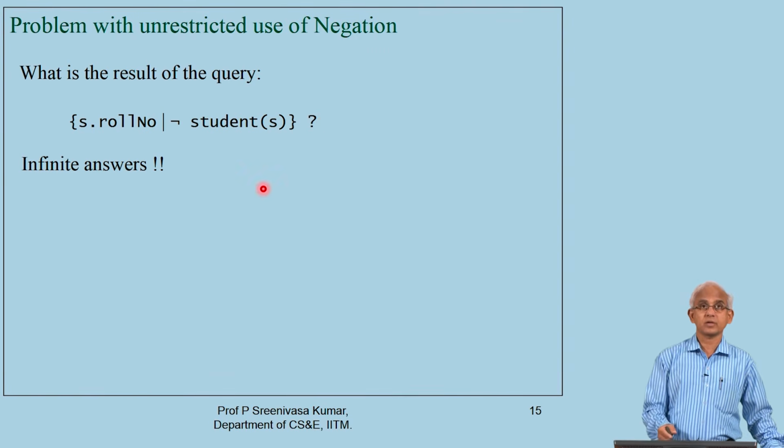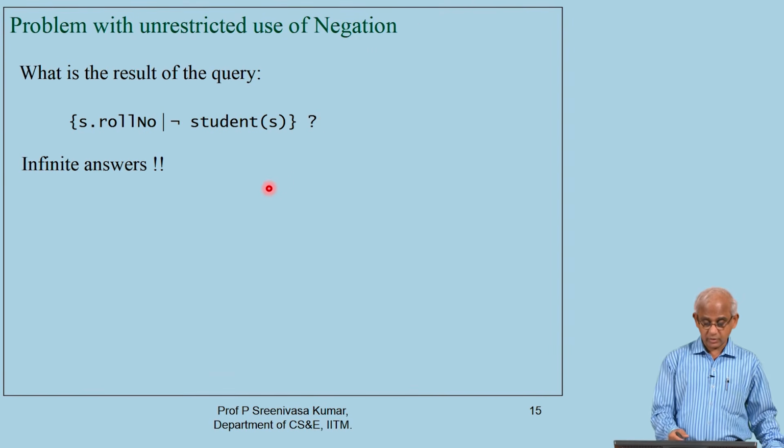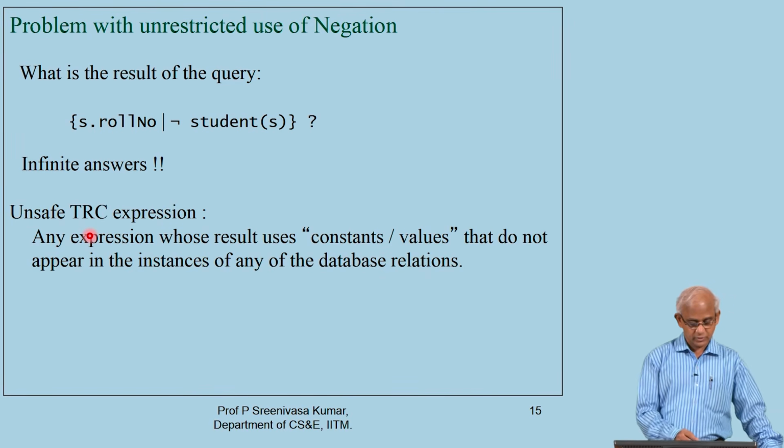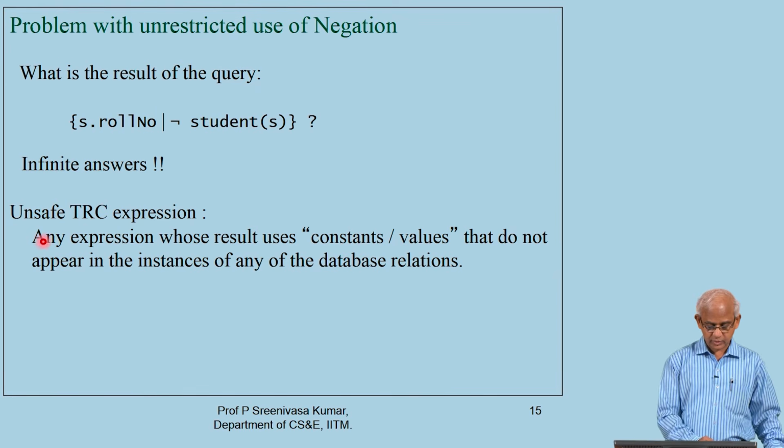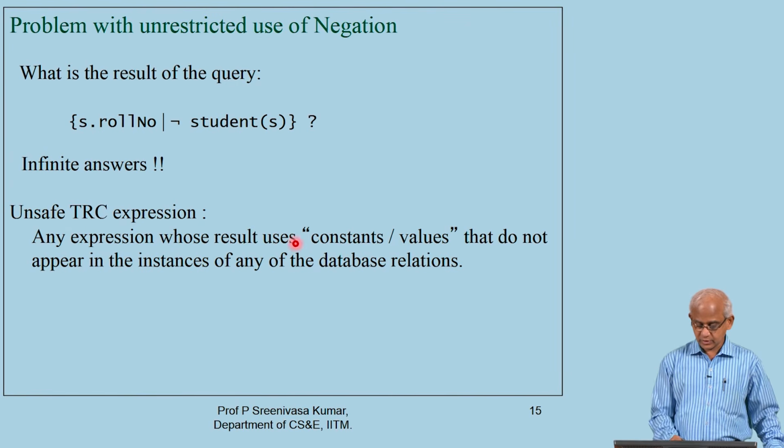So, this is something which we do not expect to have, because in all our queries we want to have finite results, because our database essentially contains a finite amount of information. So, one has to be careful when dealing with negation. In order to handle this, we define what is called a safe or unsafe TRC expression. Any TRC expression whose result uses constants and values that do not appear in any instances of the database relations, we call an unsafe TRC expression.